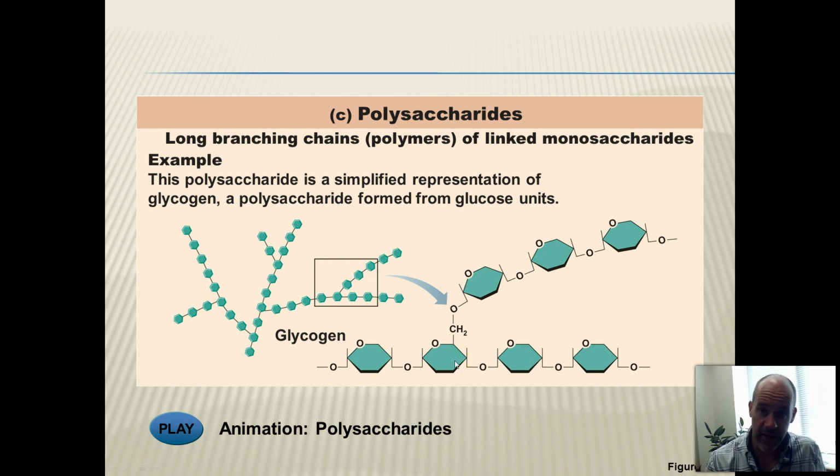They do that through dehydration synthesis. When you need to use that glucose for energy, those cells will take the glycogens and break the bonds. They'll do hydrolysis reactions to clip out all those glucoses, and then those glucoses can be used for energy needs.